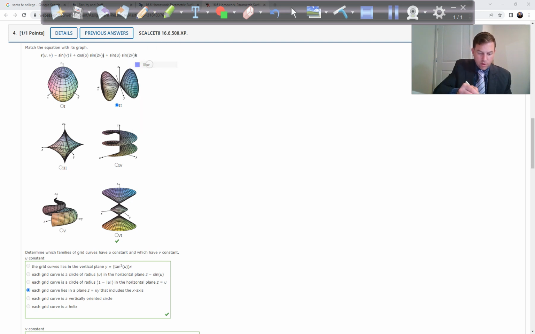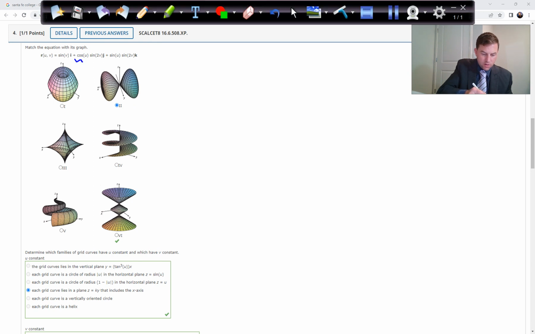So this cosine is a constant, and this sine u is a constant. And so in the x and z directions, we basically have two constants times the exact same thing, sine of 2v and sine of 2v.